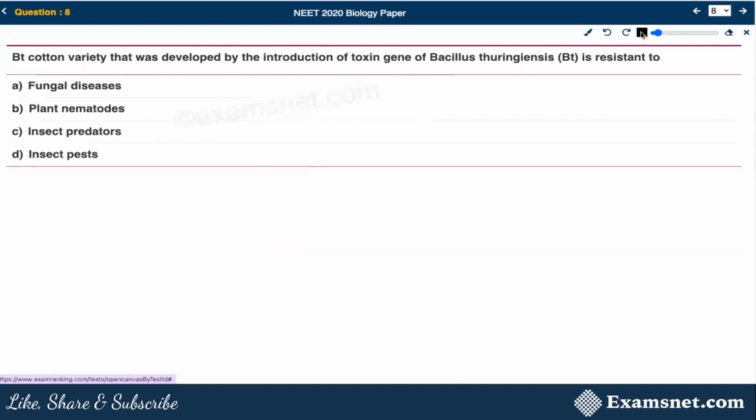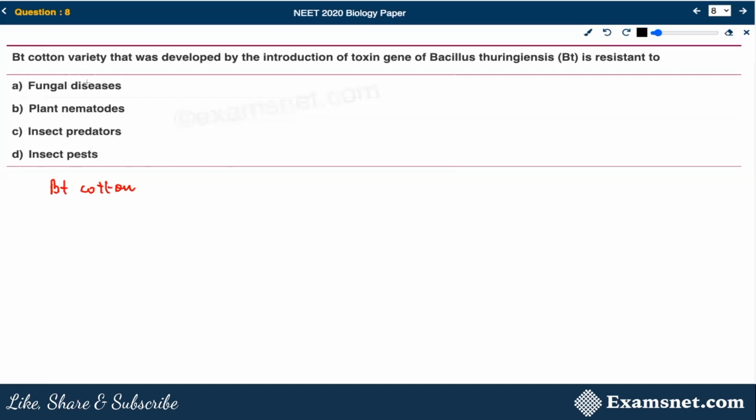Now, the next question. BT cotton variety was developed by the introduction of a toxin gene from Bacillus thuringiensis, and it is resistant to what? This is again an important question asked from your biotechnology section. BT cotton is actually resistant to cotton bollworm, which is a category of insect pest.